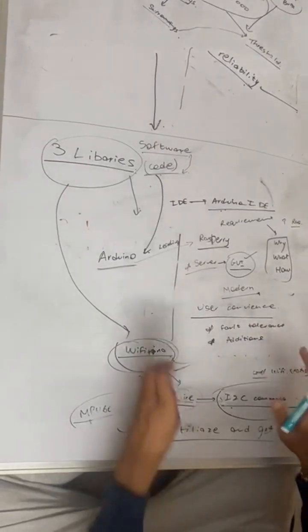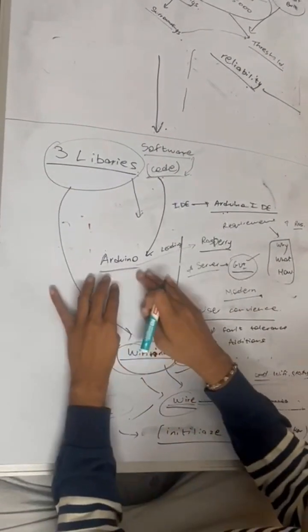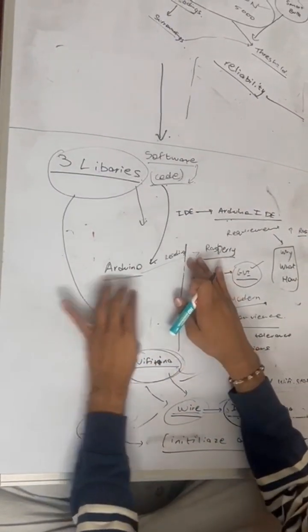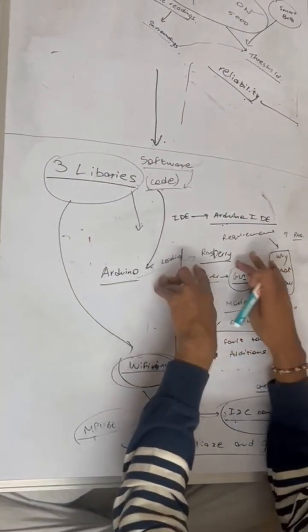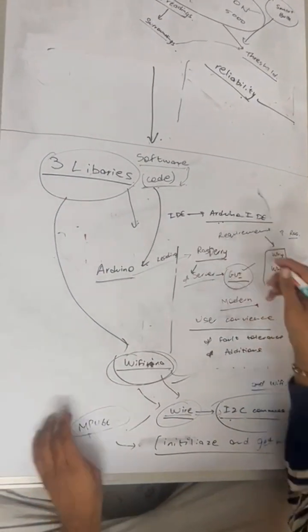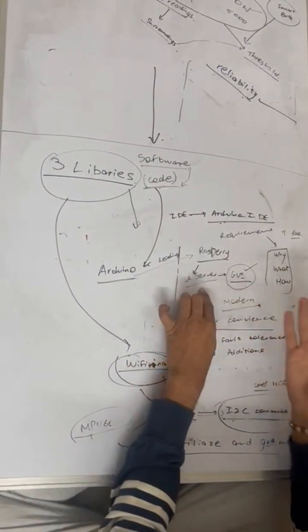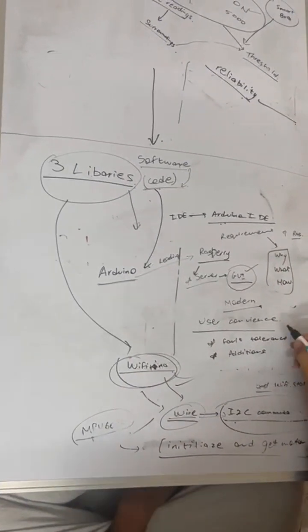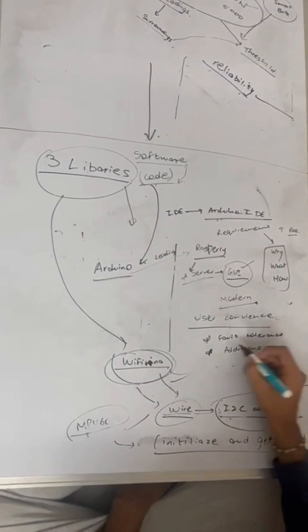So what is Arduino Nano basically doing? This was the model. Arduino Nano is basically transmitting all the readings to the Raspberry Pi, and the Raspberry Pi is sending those things to a server, an HTML page basically, where the user can interact through an interface, and all the data will be displayed there. Two things here now. For user convenience, as I mentioned, fault tolerance.